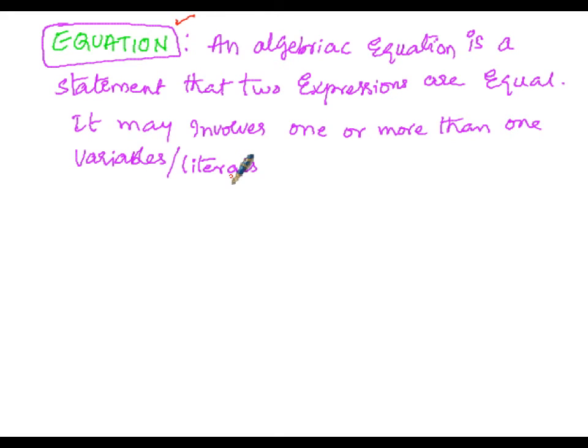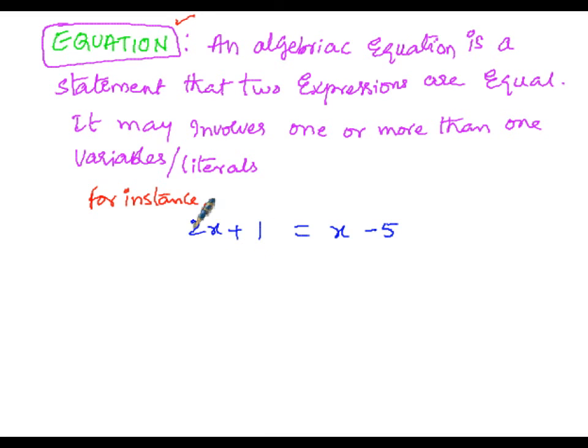So for instance, 2x plus 1 equals x minus 5. Here there are two expressions.